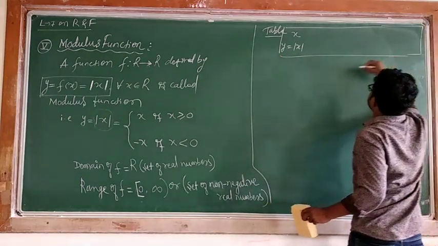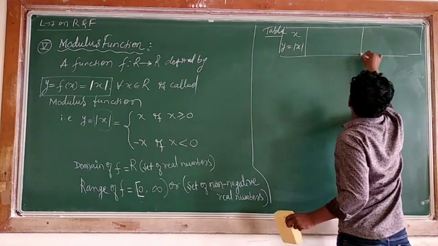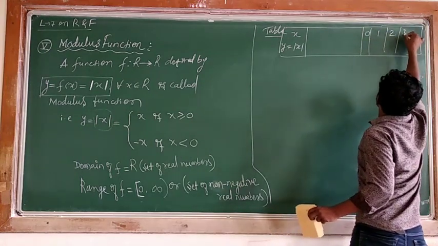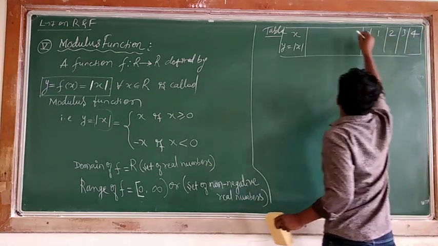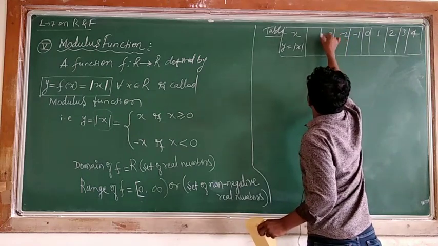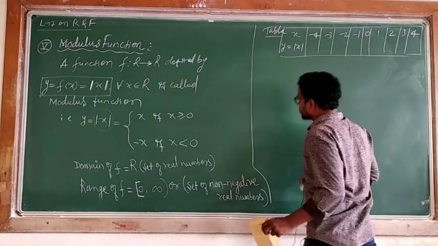I will take some numbers again: 0, 1, 2, 3, 4, and minus 1, minus 2, minus 3, minus 4. If you want, you can take more also.